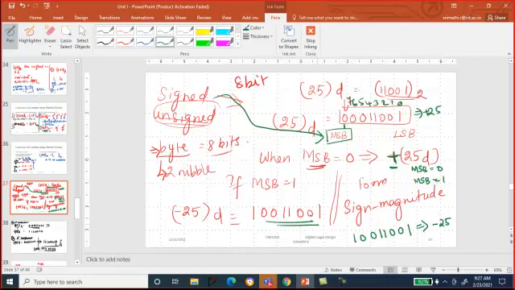I have written it here. This form of representing a negative number is said to be sign magnitude form.